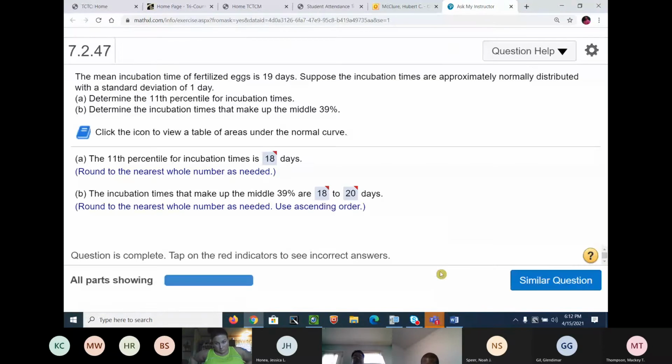Okay, I like this one because look at the mean and the standard deviation. Mean is 19 and the standard deviation is 1. Now that one's not hard at all. I think most of y'all in here can add and subtract 1 from 19. Well, I still want to go over this.